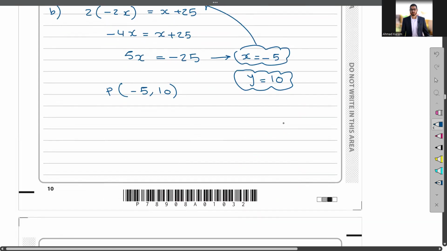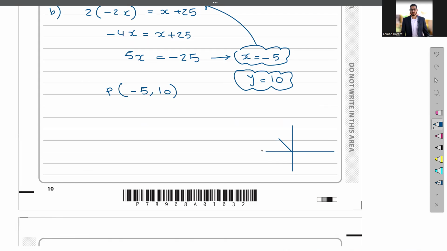So now let's draw the triangle to understand it again. So we have a perpendicular line here to this line. Okay, this is L1, this is L2, and this point is negative 5 and 10. This point is 12.5, this point is negative 25, and we need to get this line.